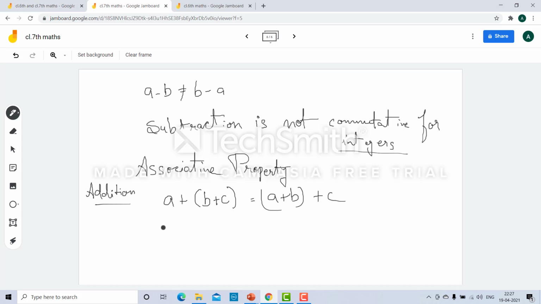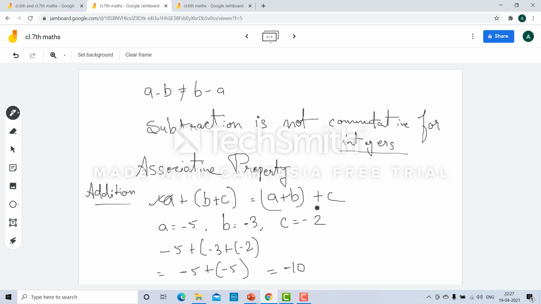Let us take an example. Suppose A is minus 5, B is minus 3 and C is minus 2. So let us check. Minus 5 plus (minus 3 plus minus 2). So what do we get? Minus 5 plus minus 5. It will be minus 10 for this side.